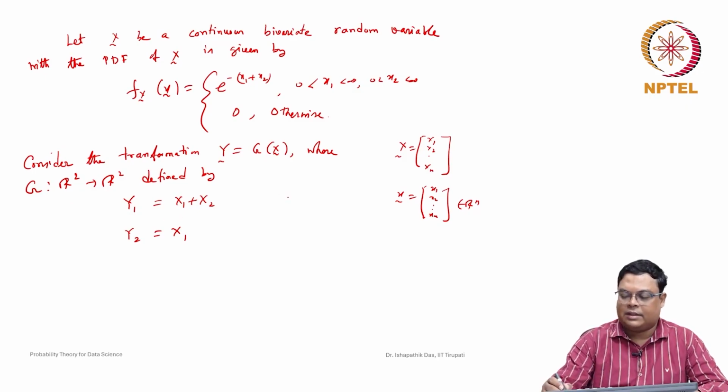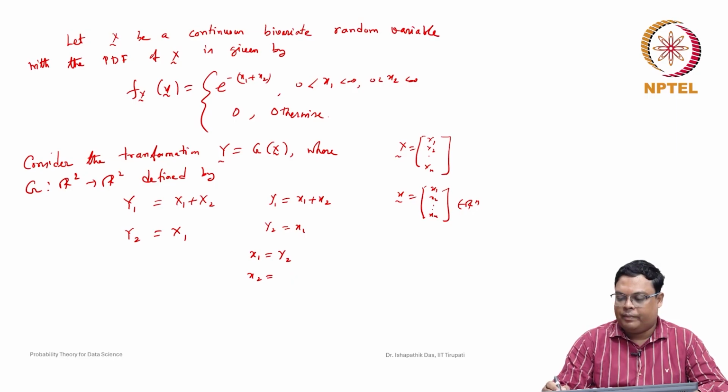For the real number case, this transformation will be y1 equal to small x1 plus x2 and y2 equal to small x1. If you find the inverse, then directly we get x1 equal to y2 and x2 equal to y1 minus x1, that is y1 minus y2.